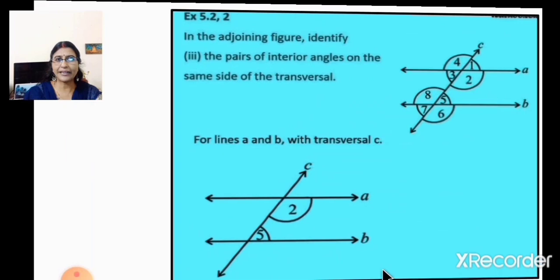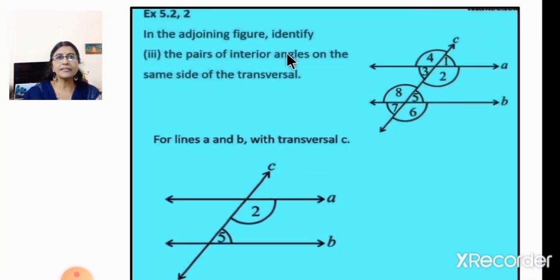Now the third part of the same question, the pairs of interior angles on the same side of the transversal. Today we have learned about it, co-interior angles. Let us see this. You can see here this angle and this angle are on the same side. Similarly, these two angles are also on the same side, on the right side. Here these two interior angles are on the left side of the transversal.